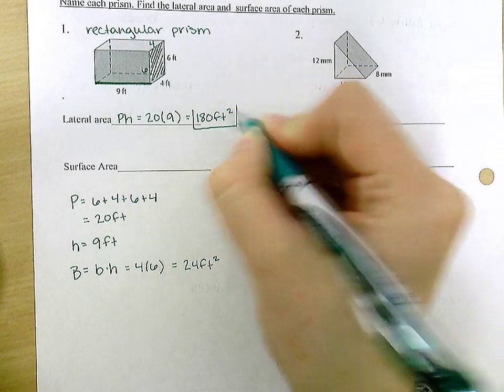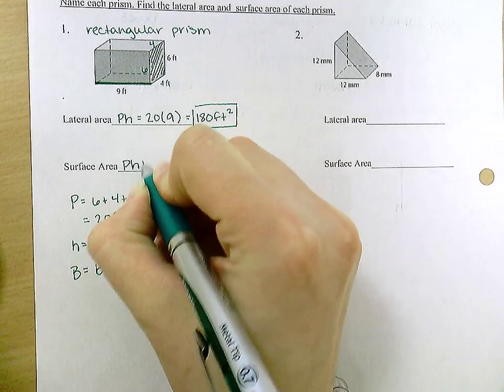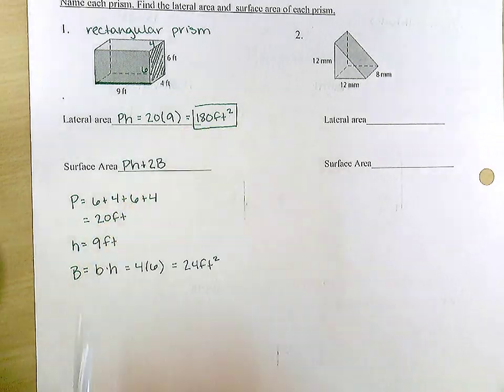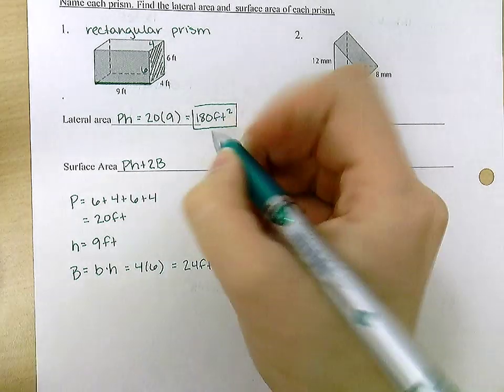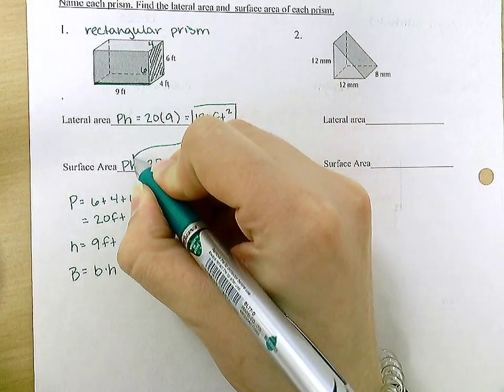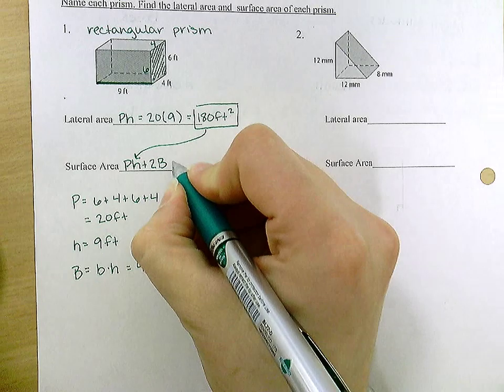Now to find surface area, we use P times H plus 2B. Well, I already found P times H. That's 180, so I can just plug in 180 for P times H, or you can plug in P and H again if you really want to.